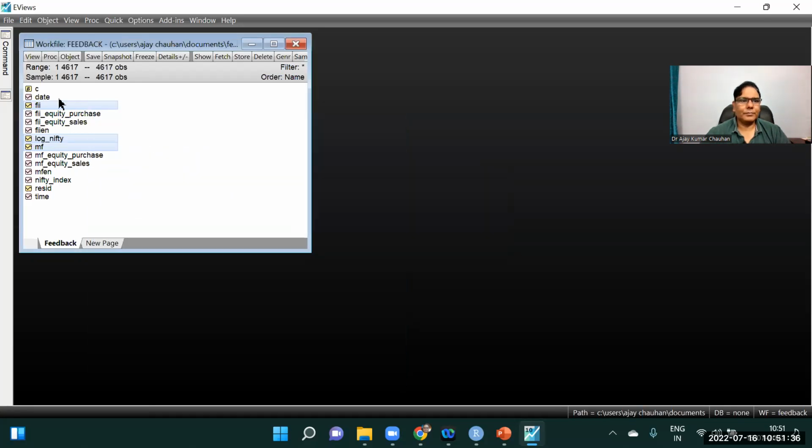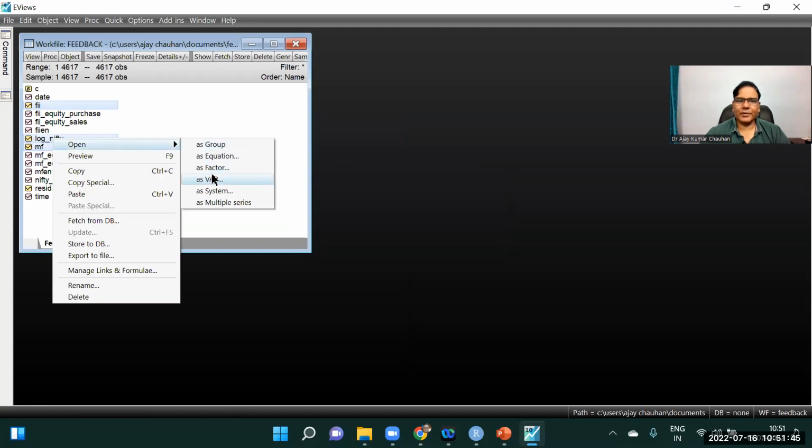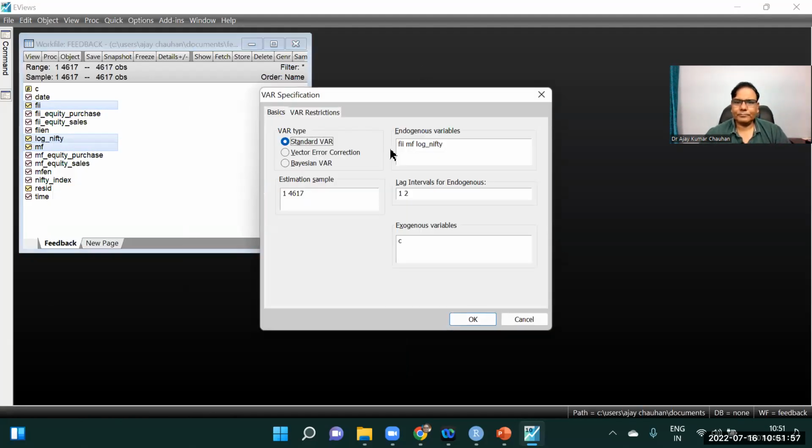First of all, log of Nifty. I am opening them as a VAR. When you apply a VAR, you have to select the variables to be included in the time series and apply the vector autoregression model. And you need to take the D log, the first difference of the log, because it is non-stationary.